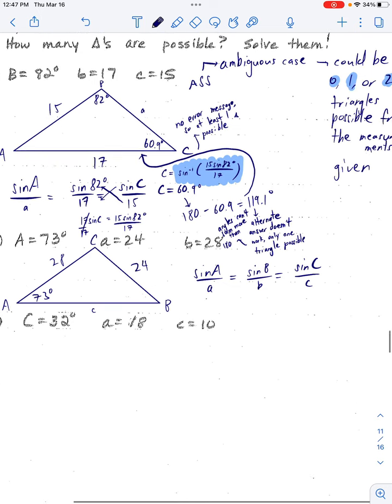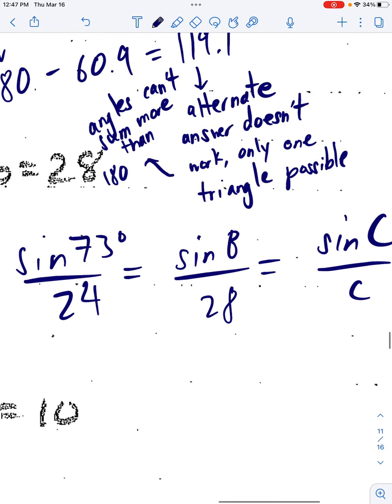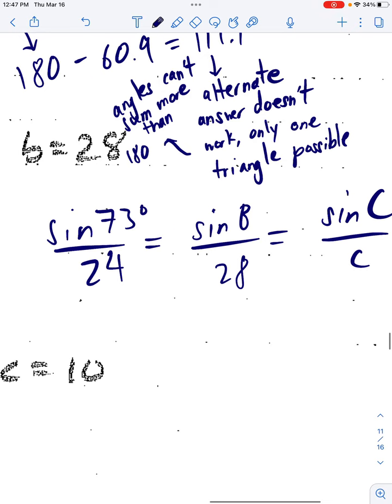Let's plug stuff in. Big A is 73 degrees. Little a is 24, and little b is 28. Let's go ahead and solve for angle B real quick.